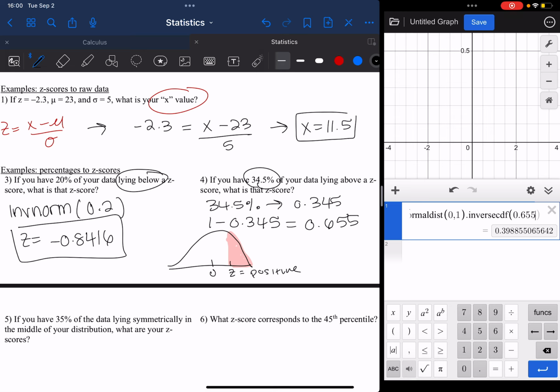So when we do the 1 minus the percentage to make sure we're on the positive side, we get z is equal to 0.3989. But when we did it before, notice that I got almost the same thing, but it's negative. So you could do that. You just have to remember that if we're looking on the right side versus the left side, the z-score is going to be positive or negative.